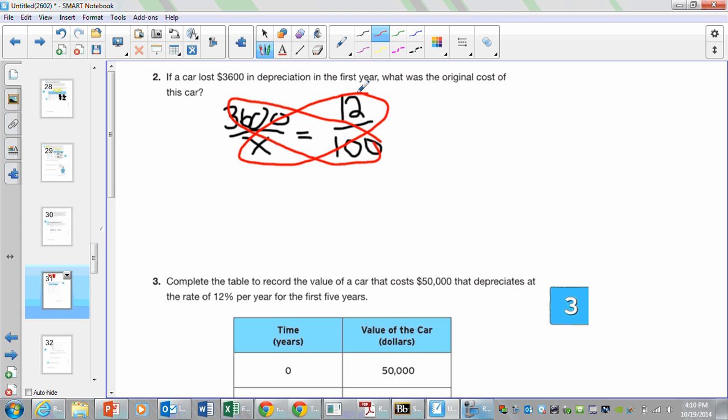And we're going to get that 12x is equal to 360, and add another zero right there.